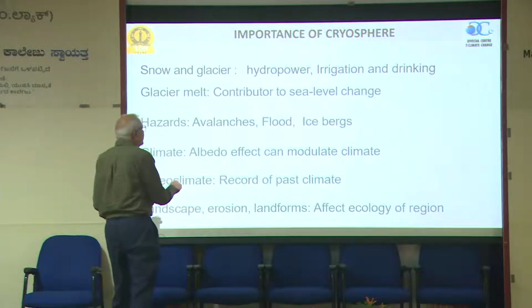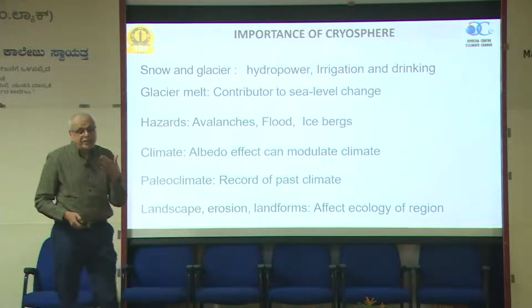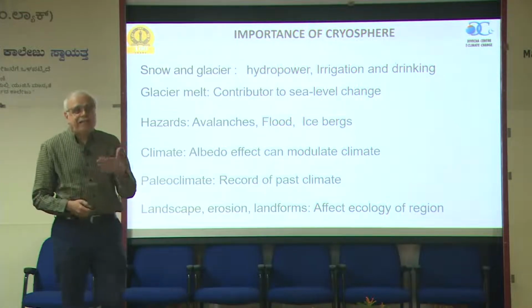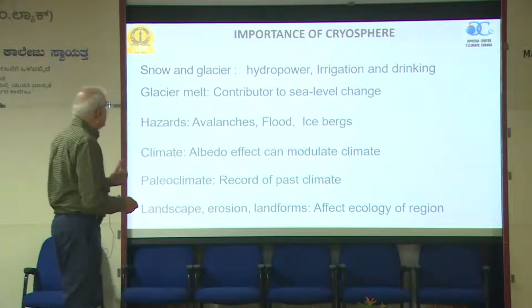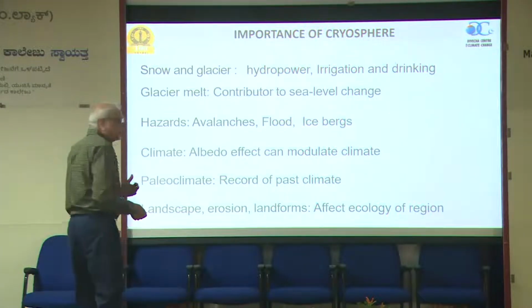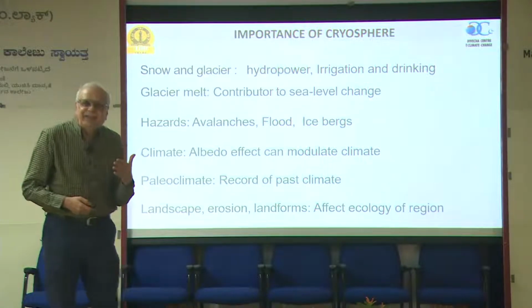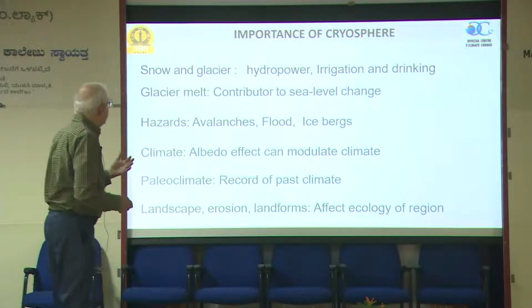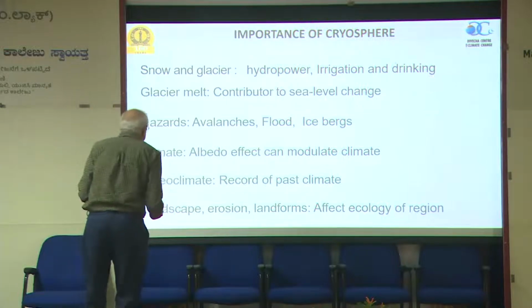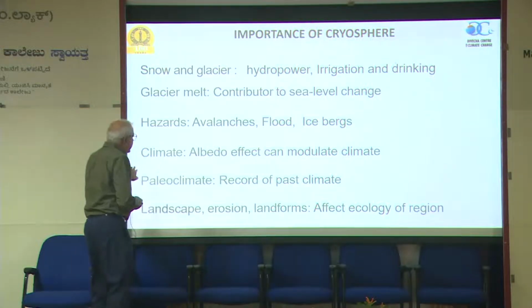It can create huge avalanches and floods. We will look into some past cases of how floods were generated in the Himalayas, and there could be icebergs, you know, the famous Titanic story. So it can release huge icebergs into the ocean.